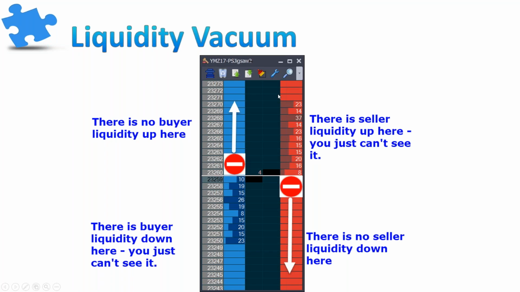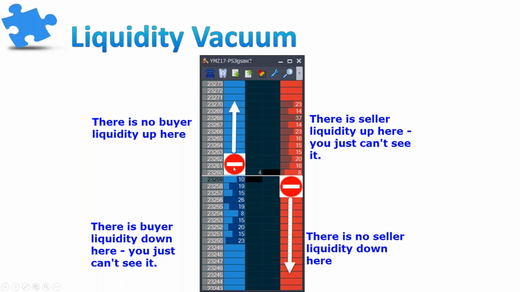So here we have the Jigsaw dome, and this is showing 10 levels of depth. What's really important to understand is that there is buyer liquidity below us. There's buyer liquidity all the way down here. You see 10 levels, but there's buy liquidity way, way below us. We just can't see it because with many markets, that's all the data feed gives us.